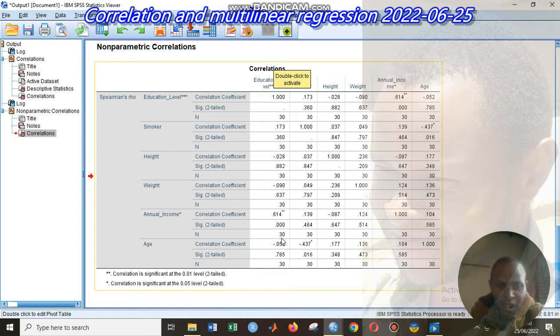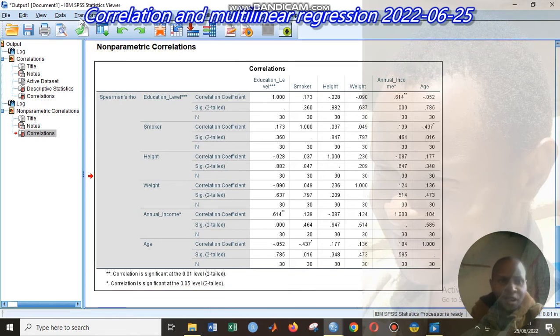The significance is also 0.000, which is less than the p-value. As you can see here, there is significance at the 0.05 level for two-tailed, and significance at the 0.01 level for two-tailed.